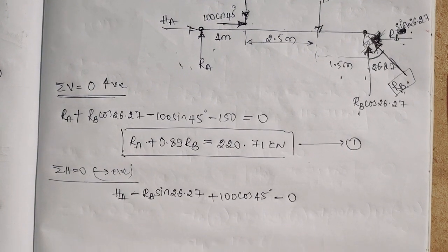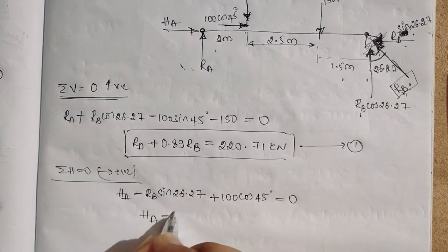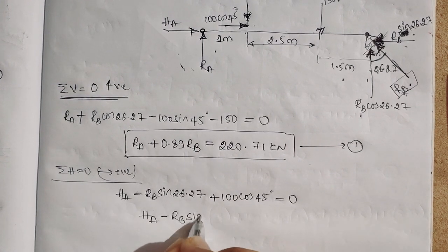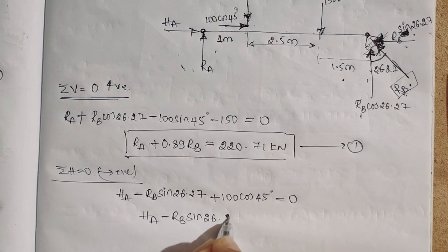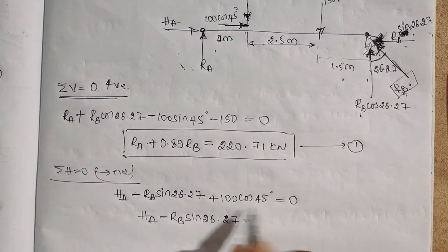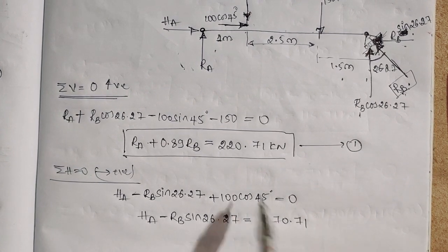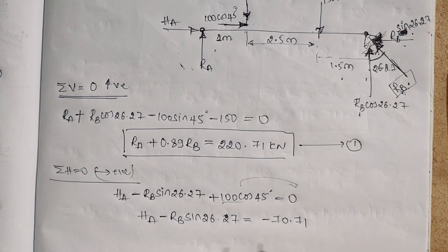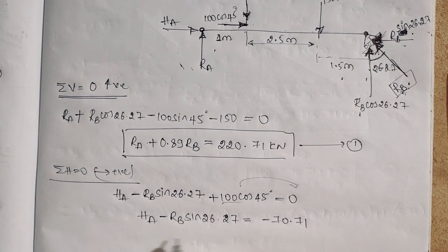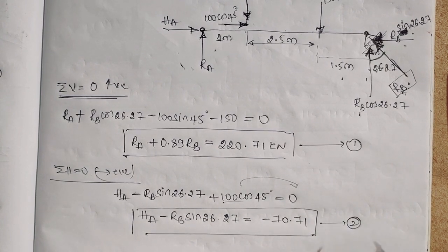So HA minus RB sine 26.27 is equal to, this one will become minus 70.71. When it goes that side, it will become negative. So this will be your second equation.